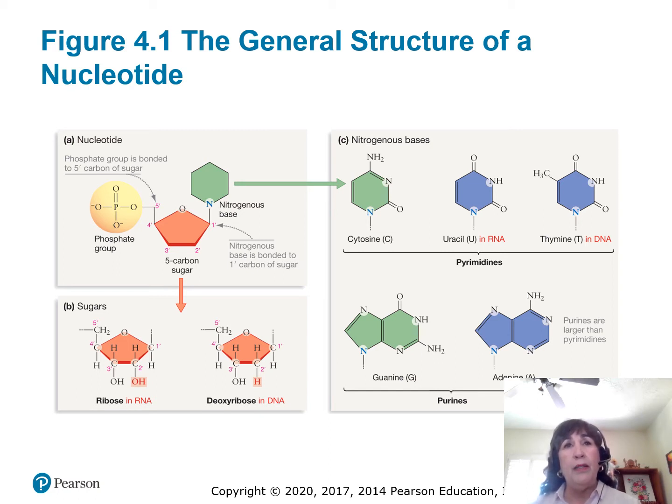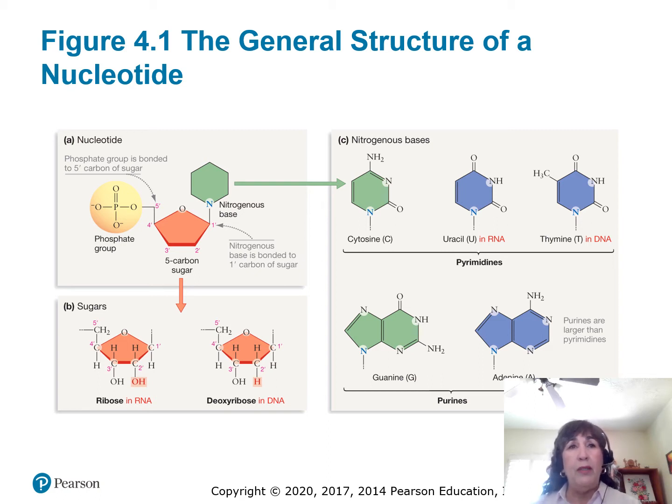So 1' is the first carbon, 2' is the second, third and fourth and fifth, and so on. So each of these carbons are labeled, and this is how we will know the directionality of our huge macromolecule. Notice in the second square, we have sugars in block B. And notice we can see the difference between the sugars in DNA and RNA.